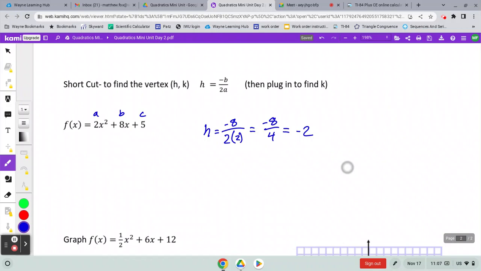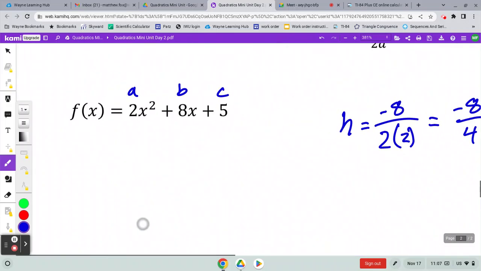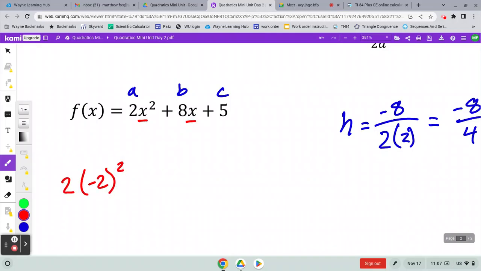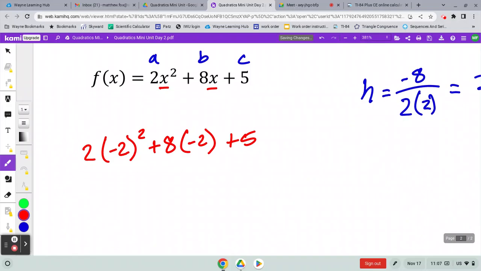To find a y value, once we know an x value, what can we do? Plug it in. So we'll take negative 2, and I'll plug it in right here and right here. So 2 times negative 2 squared plus 8 times negative 2 plus 5. Okay, this is all stuff you've done before. Now, follow PEMDAS. So parentheses, there's nothing to do in there.